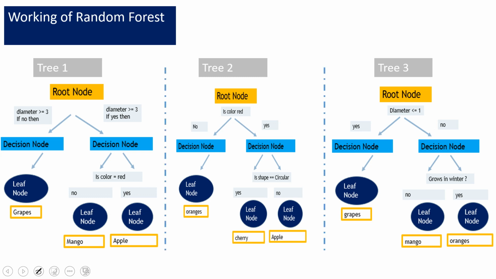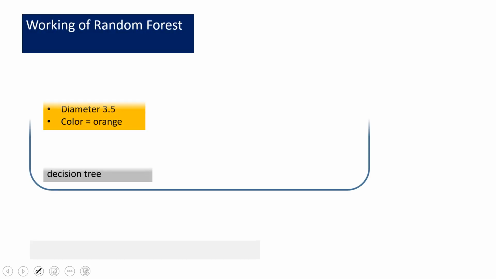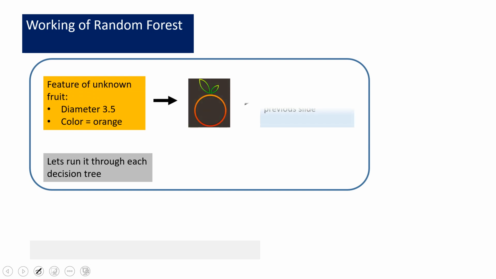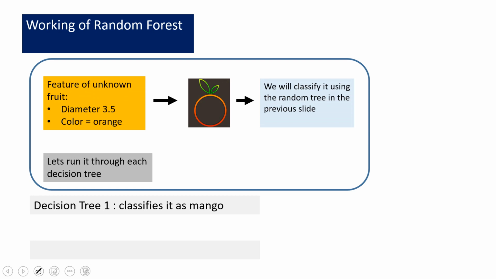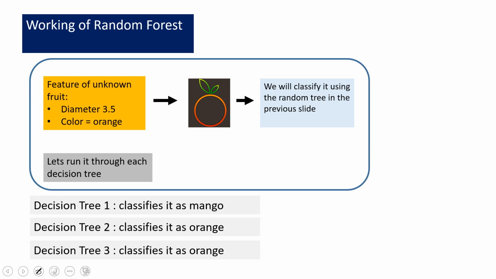To look into the detail of how we identified it, we can say the diameter was 3.5, the color was orange, so decision tree 1 was giving us mango over here, and decision tree 2 was giving us orange, and decision tree 3 was giving us this thing. This is a small example, so we can see over here how exactly it works.